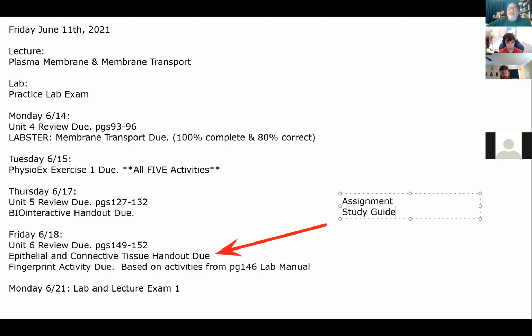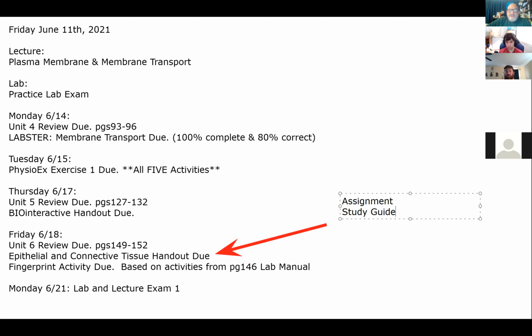And to emphasize to you how important histology is going to be in this class, you are going to be responsible for drawing those tissues, labeling those tissues, and turning them into me. Now, obviously, you've seen my drawing skills on the whiteboard. I'm not grading anybody on their drawing skills.